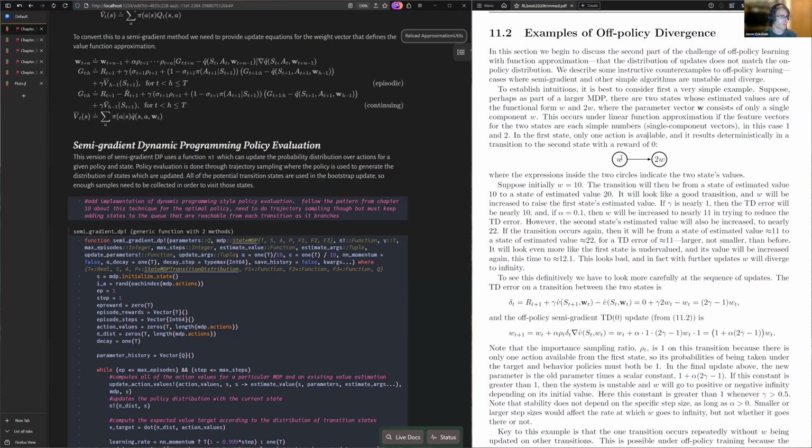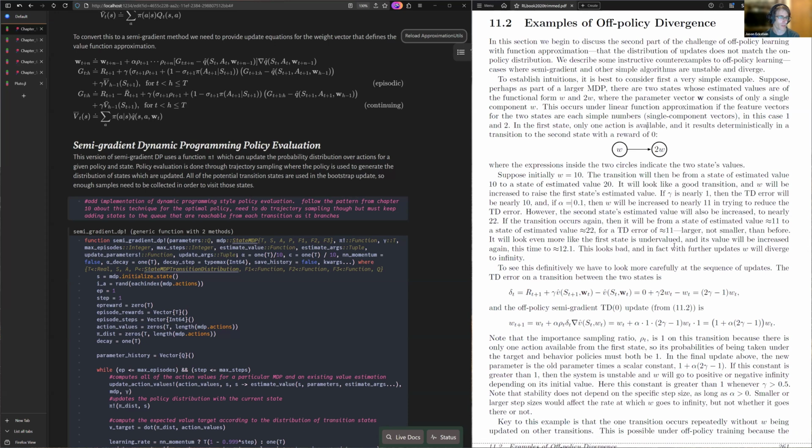And then the idea is, consider what the TD update is from the transition that goes from this state into this state. When we do the TD update, this is the TD estimate, which is the reward plus the discount rate times the value here.